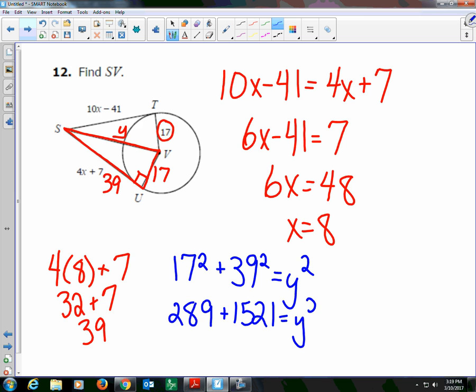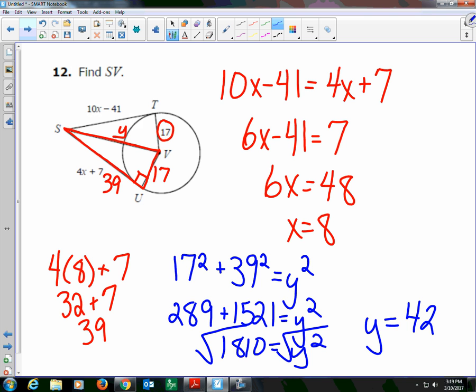When I add those two values together, I get 1,810 is equal to y squared. Take the square root, and y is going to equal, rounded to the nearest tenth, 42.5. So you had to take your knowledge of tangents, both that they form right angles and that the tangents are equal to each other to solve this problem.